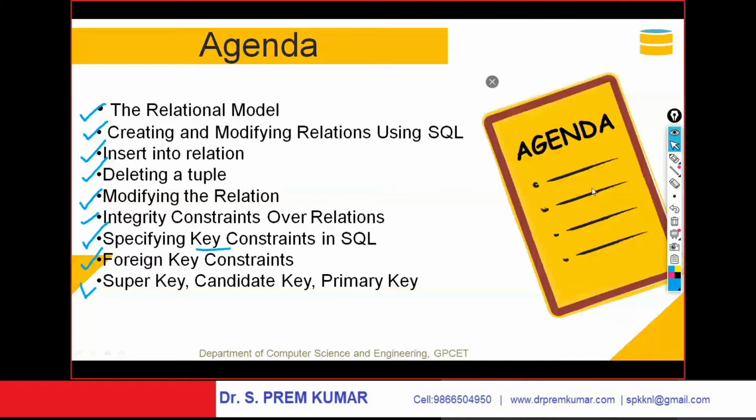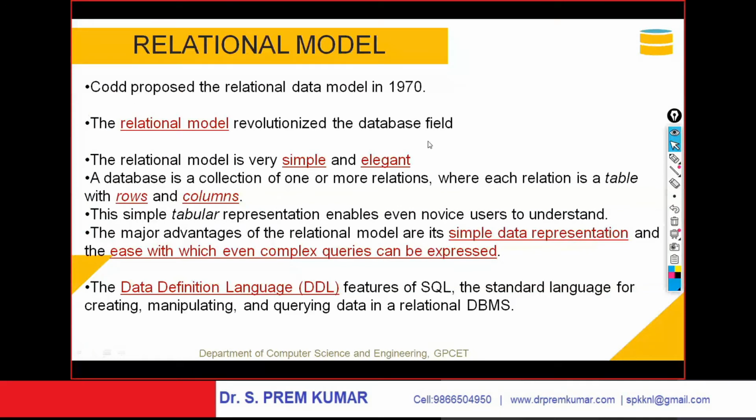Relational model. As you know pretty well, the relational model was developed by a person called E.F. Codd, and he proposed some rules to store the data. All those rules are called Codd rules.